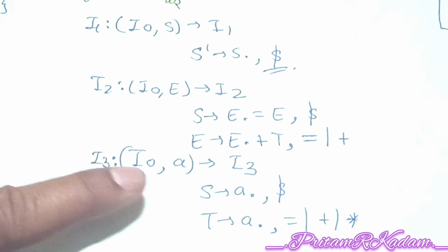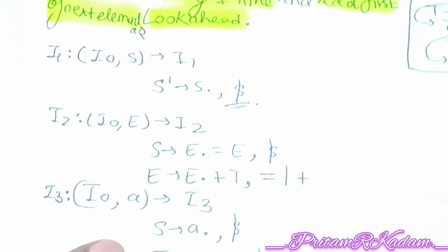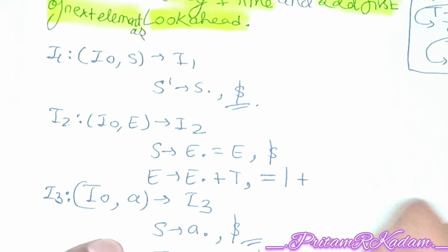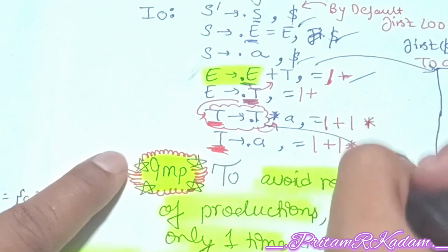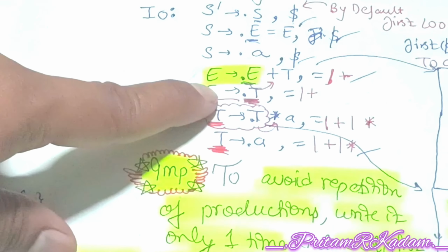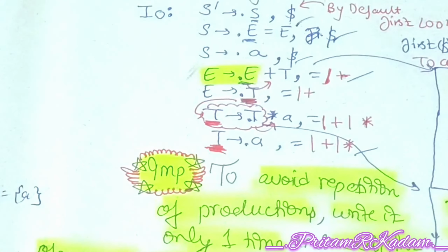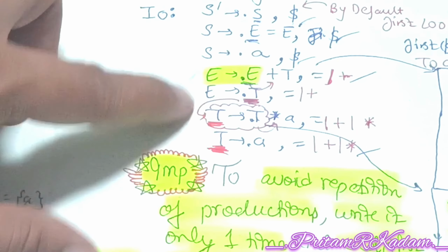So S was having dollar and T is having equals to slash plus slash star. Okay, so now let us leave a mark over here so that we will come to know that it is completed.